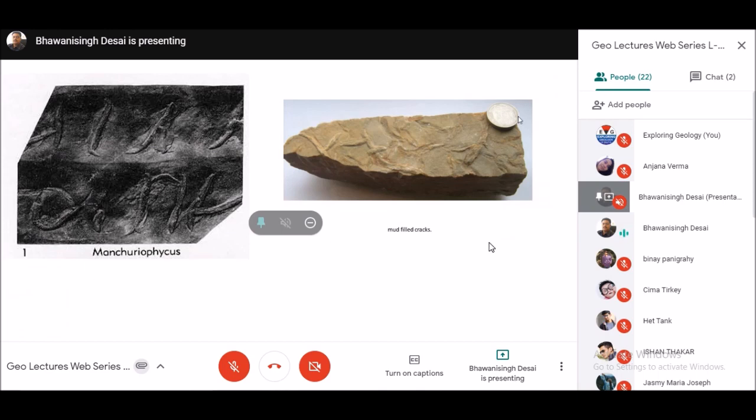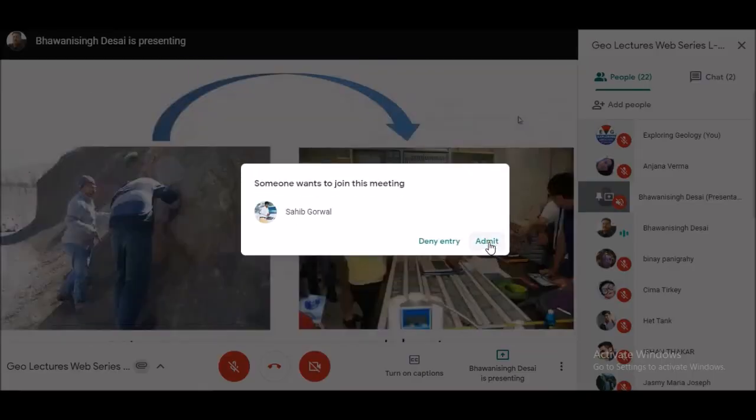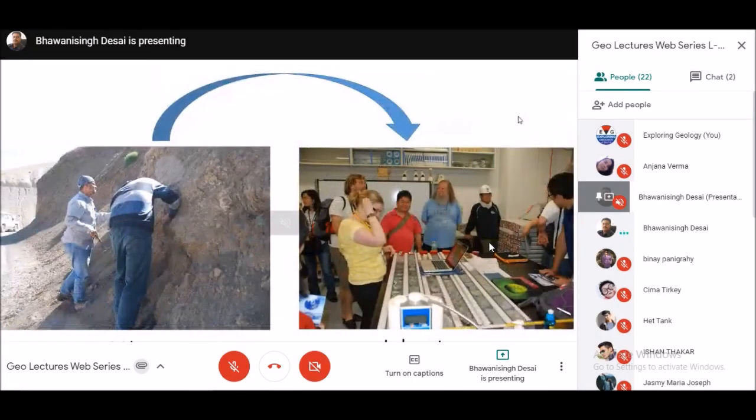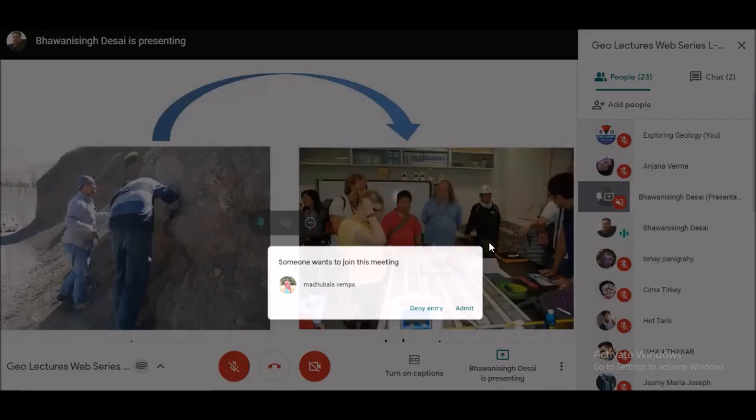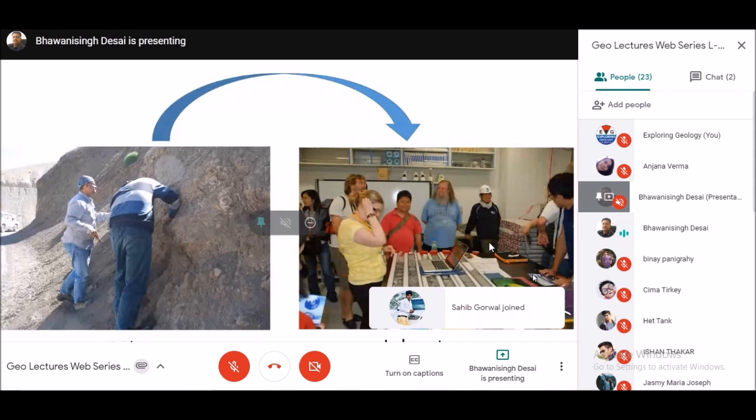Now, how do we work? We work in various areas. This is a more field extensive study. And from the field, we have two things. Either you work on outcrops or you can work in the laboratory. The laboratory work is restricted to more like the petroleum industry.